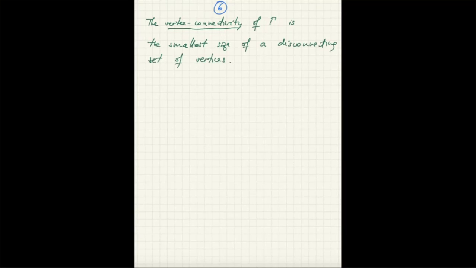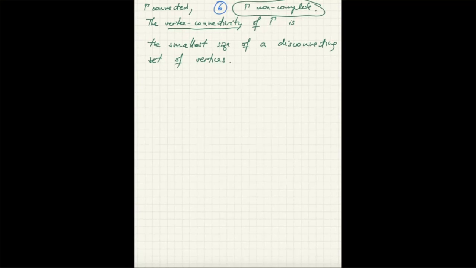This works for the case that gamma is connected but non-complete. Why do I put non-complete graph here?